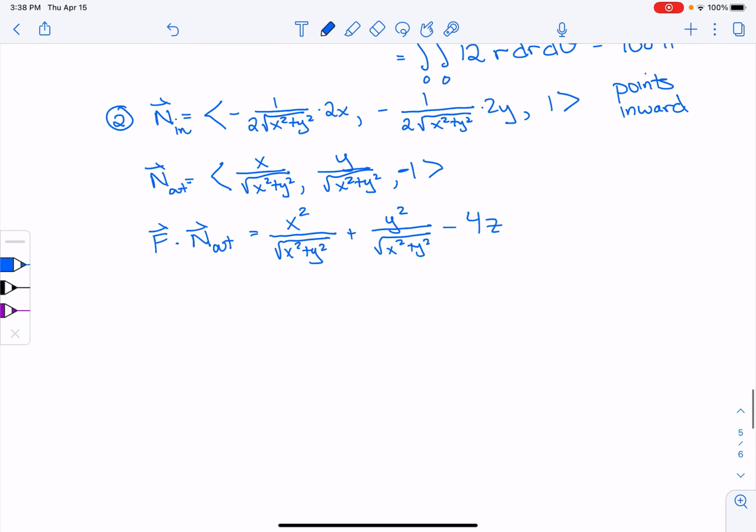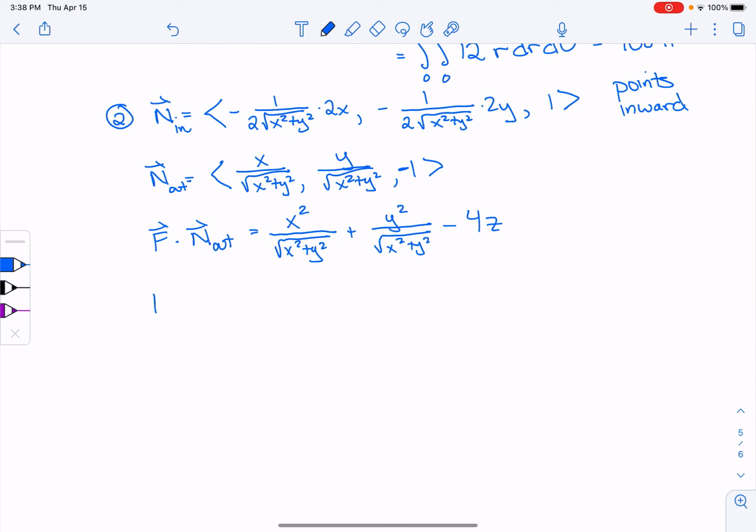And now I want to simplify a little bit. So I want to do f dot my outward normal vector on the surface of the cone where z is equal to the square root of x squared plus y squared. Well, x squared plus y squared over square root of x squared plus y squared is just square root of x squared plus y squared.